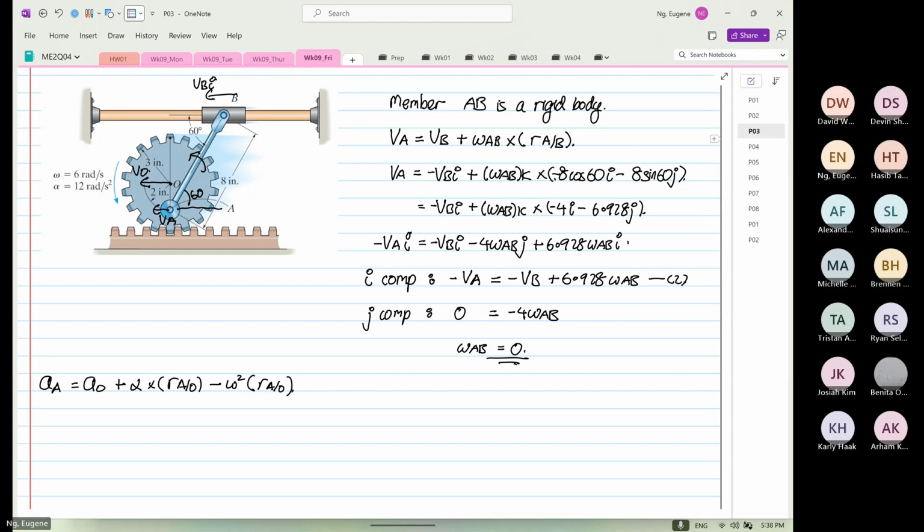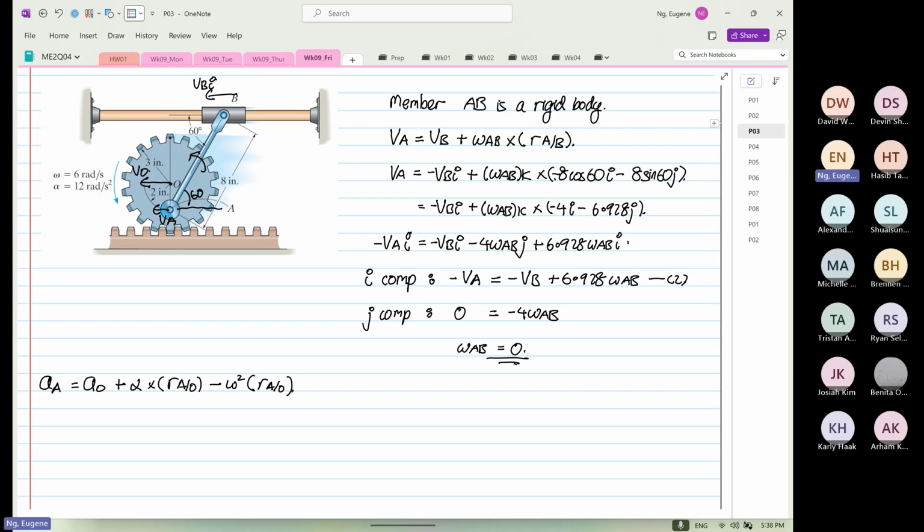So acceleration A, do we know the value for acceleration A? So I'm going to write down first. So acceleration, did I just form?